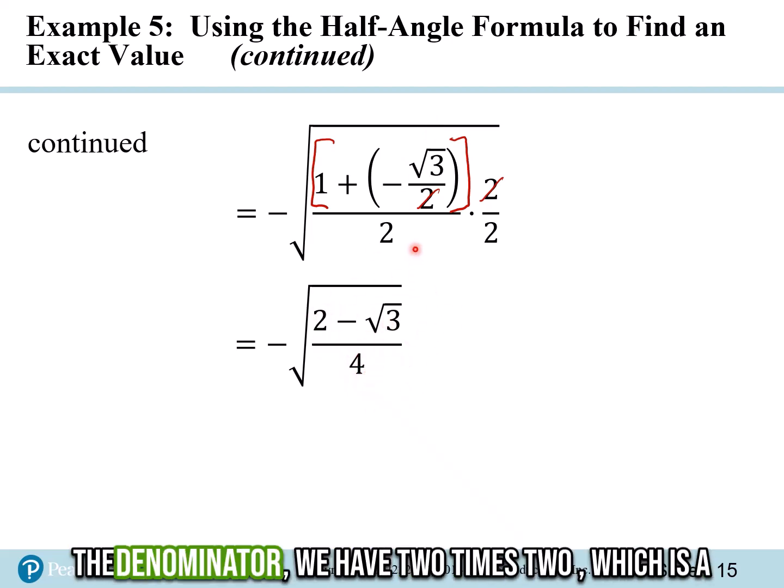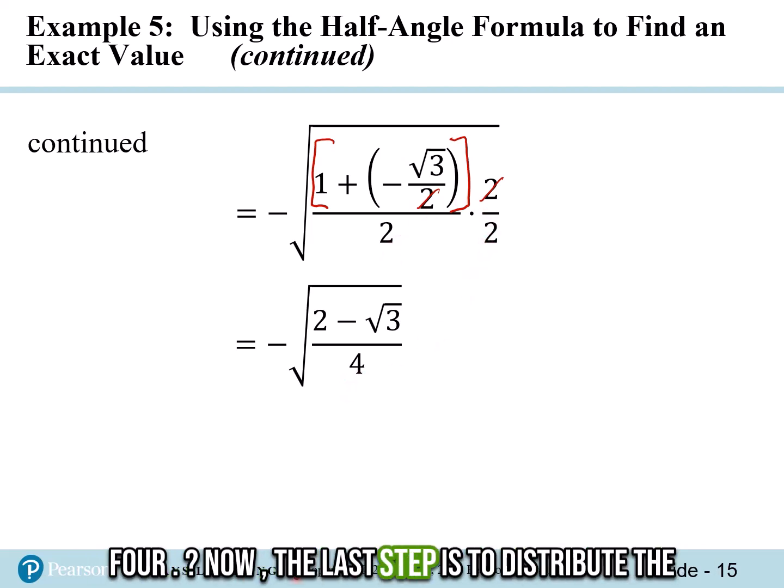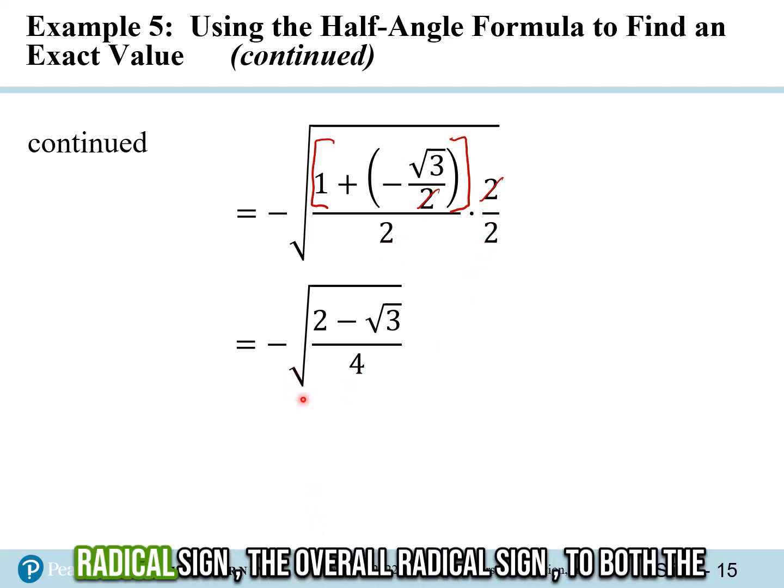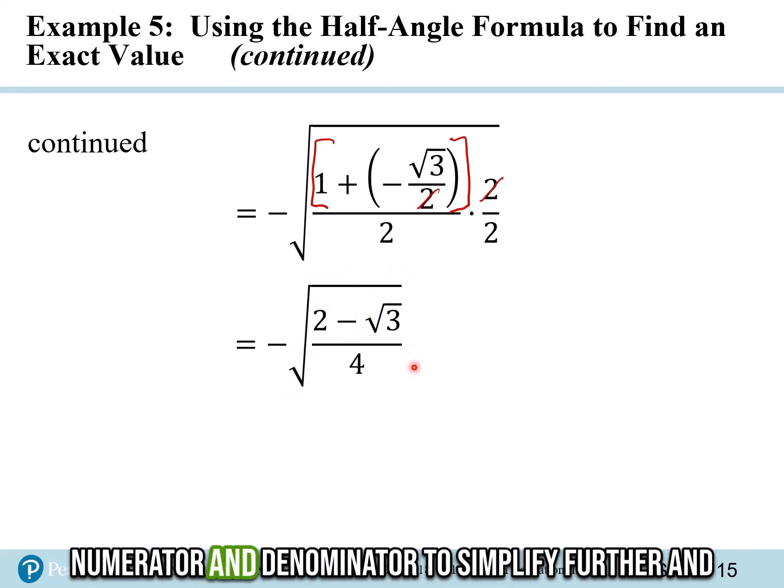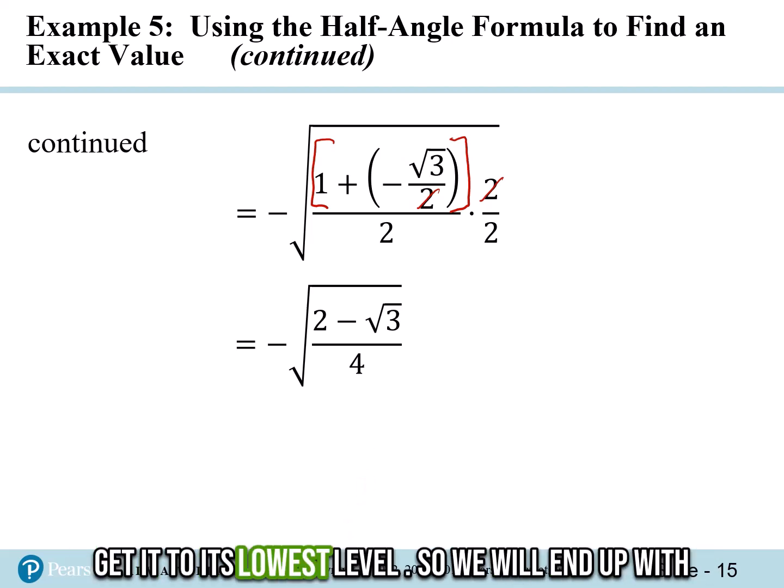In the denominator we have 2 times 2, which is a 4. Now, the last step is to distribute the radical sign, the overall radical sign, to both the numerator and denominator to simplify further and get it to its lowest level.